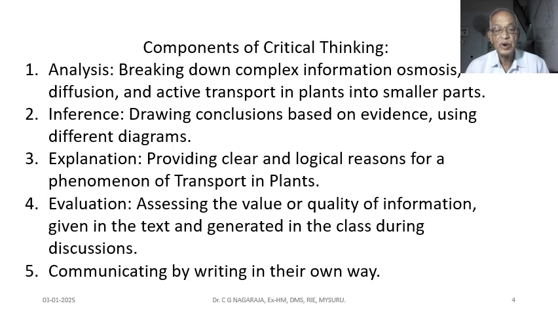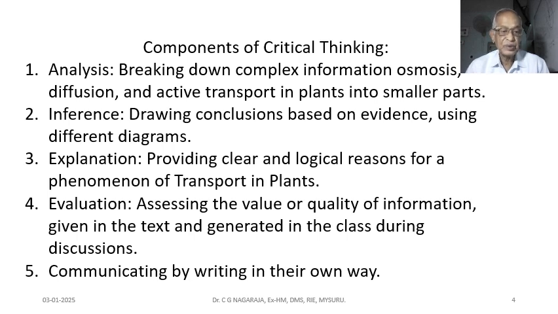Then it involves analysis, breaking down complex information like osmosis, diffusion, and active transport in plants into smaller parts by using questions, and then children would discuss the answers. Inference, drawing conclusions based on evidence using different diagrams.